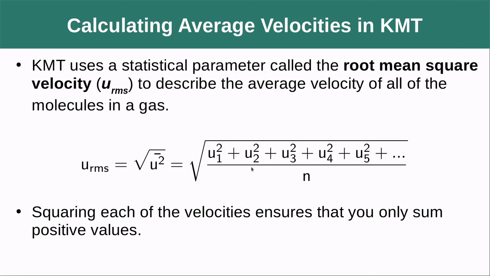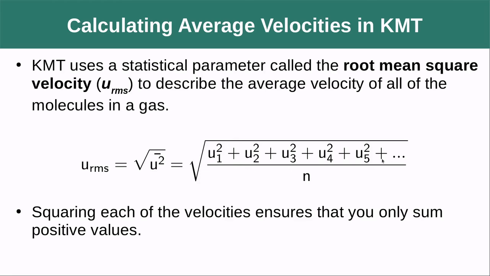So KMT uses a statistical parameter called the root mean square velocity, URMS, to describe the average velocity of all the molecules in the gas. We calculate URMS as the square root of each individual velocity squared, all the way till we've added up all of them, divided by the number of them, and then we take the square root of that.